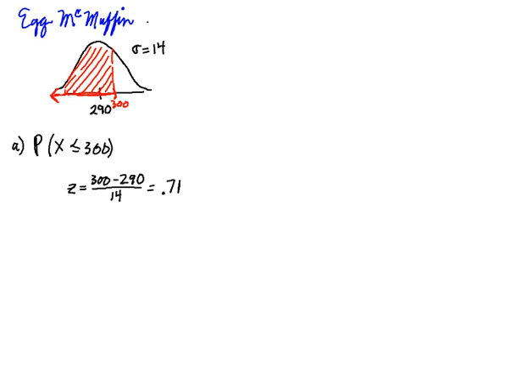0.71. Now, looking that value up in the table is going to give me the area to the left of the 0.71 location, and if I look that up in the table, that is going to be 0.7611. So this area to the left is 0.7611.